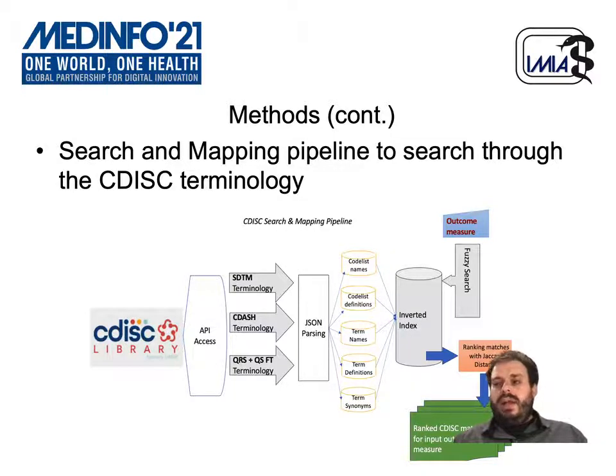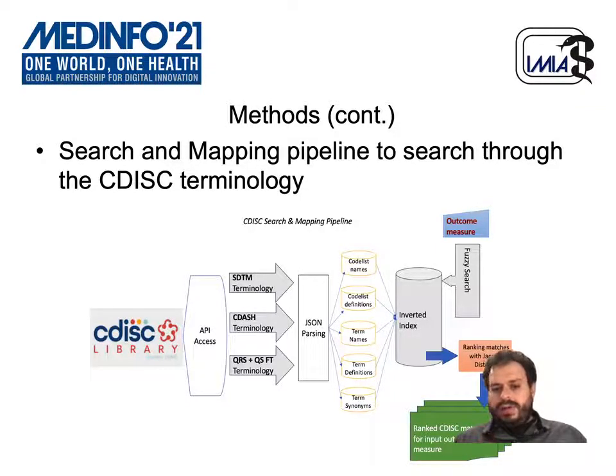And I think they do it this way because they want to facilitate building applications and automated software that uses the CDISC terminology. So there's an API access that we use to fetch the data in JSON format. Basically, the way this is done is we submit a request, we get the data in JSON format.